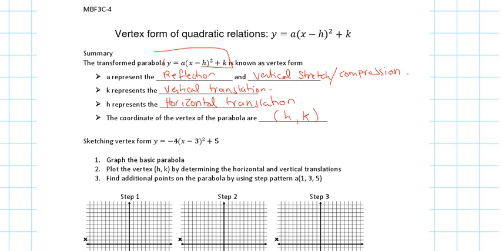And then to graph, when they give you the equation, especially in the vertex form, first you're going to locate your vertex, which is the h and k. Then you're going to use your step pattern multiplied by the a value to find your next points.